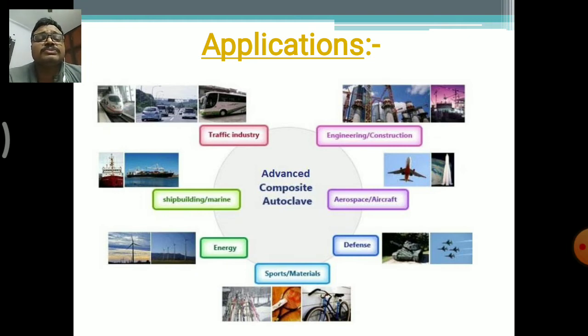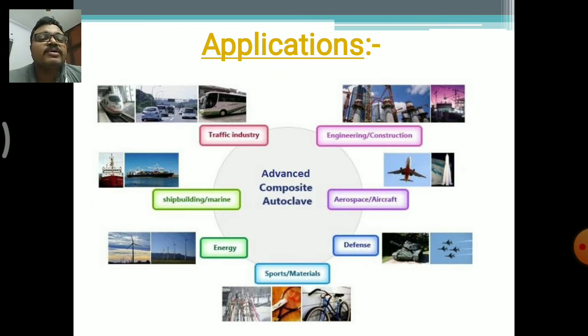Next one is sports materials. In the olden days they used iron-framed bicycles, then developed them with alloy-based construction. Today, for lightweight purposes and reducing the weight of cycles, we are using FGM materials.